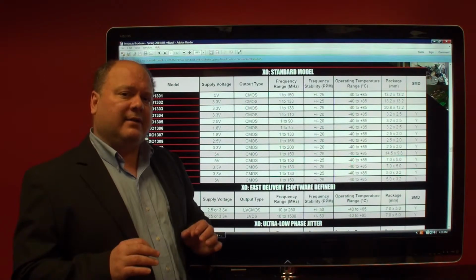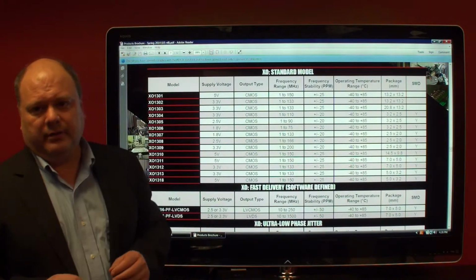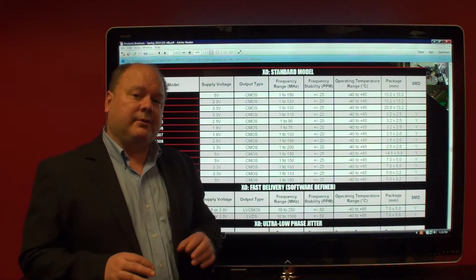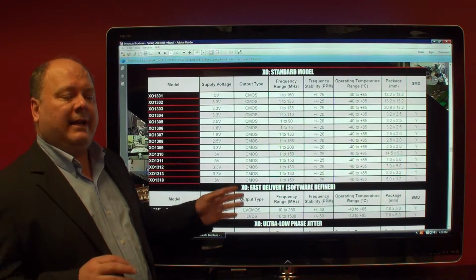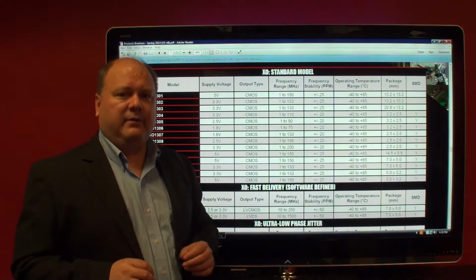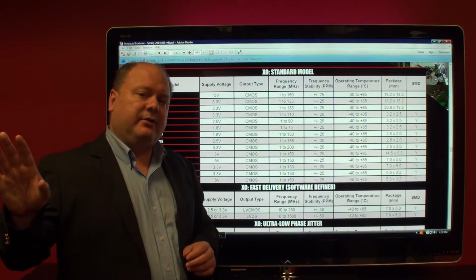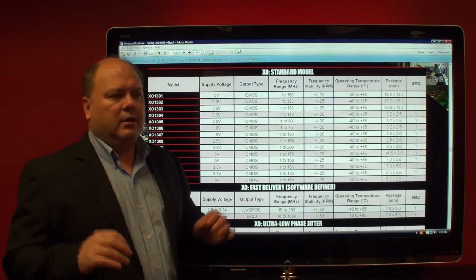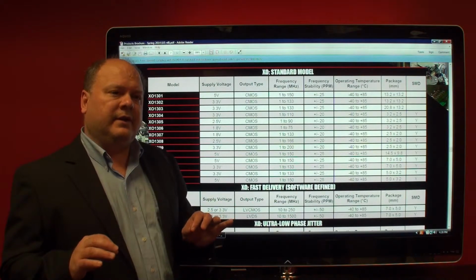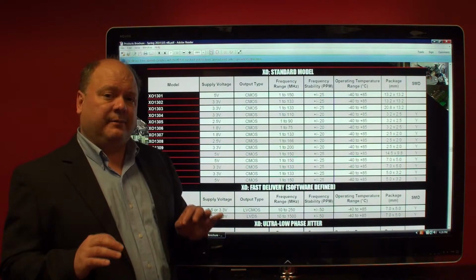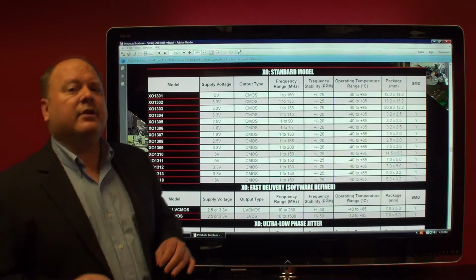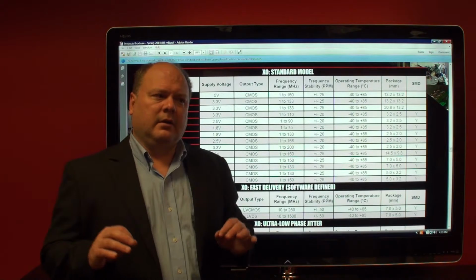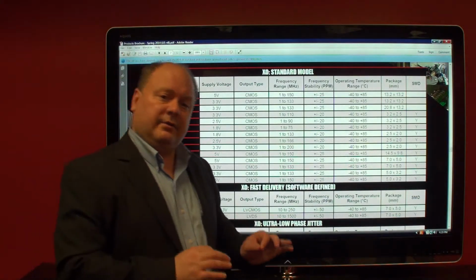So in clock oscillators or in voltage controlled crystal oscillators, VCXOs, we have software-defined modules both in the product brochure and on our website. 5 by 7 millimeter. In 6 months to a year, we'll have 5 by 3 millimeter. We'll have 3 by 2 millimeter. There are other competitors in this programmable oscillator space, but instead of using the word programmable, because that's sort of a dirty word right now in the industry, because programmable goes back 20 years.